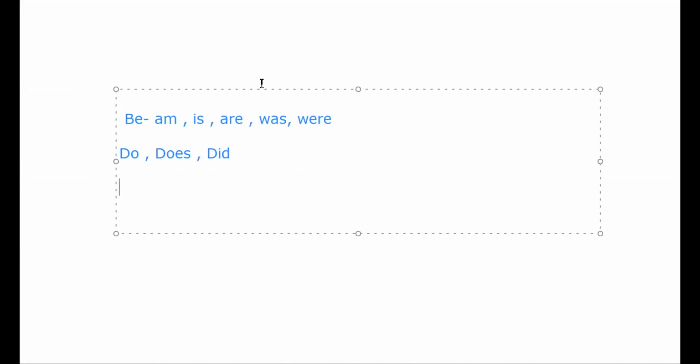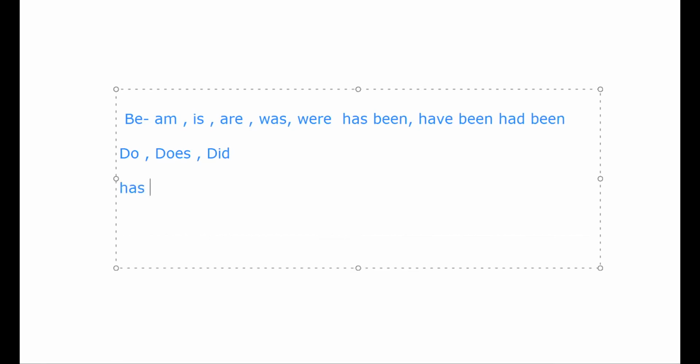And see this one. Actually, be forms, we can also put this. Has been is a be form. Have been is a be form. And have been is also a be form. And you have separate has, have, and had.